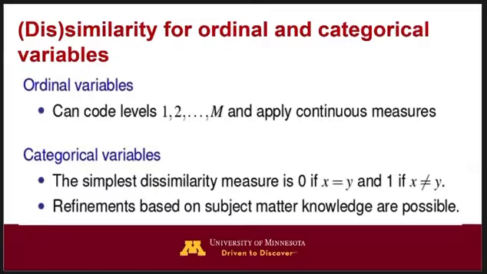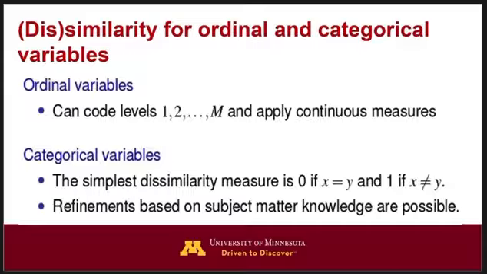Let me tell you this. When you're talking about dissimilarity, it depends on the measurement scale. The one I was talking about the other time, the distance matrix, may have to do with a quantitative variable. We could work on ordinal.